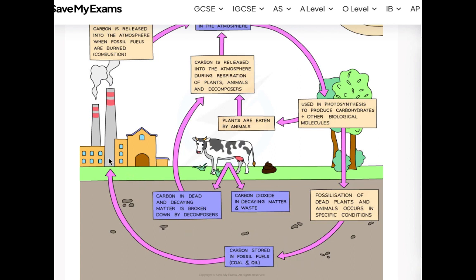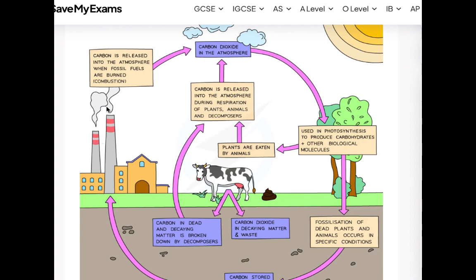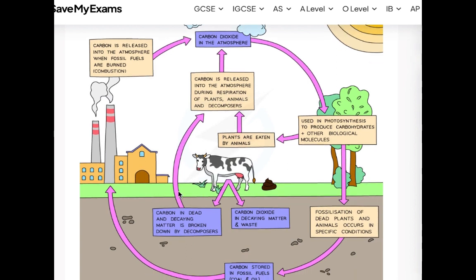When extracted by oil and gas companies, they flare it, they burn it, and then they release carbon back into the atmosphere. So one way of getting the carbon back into the atmosphere is by combustion. In the exam question, one way of getting the carbon back into the atmosphere is by combustion.